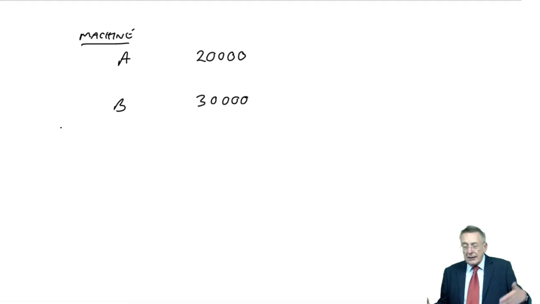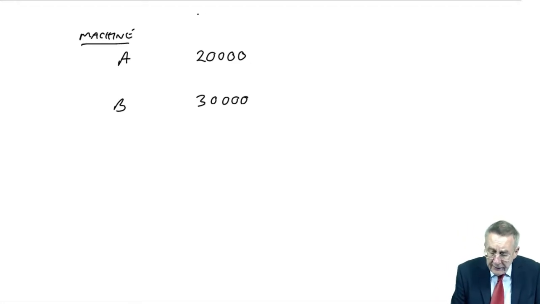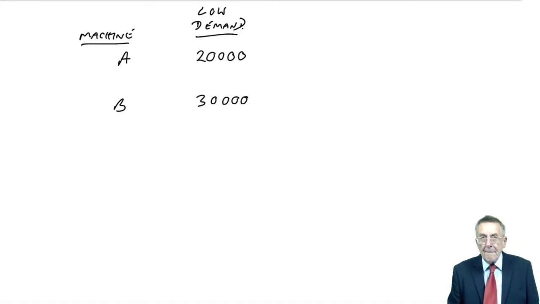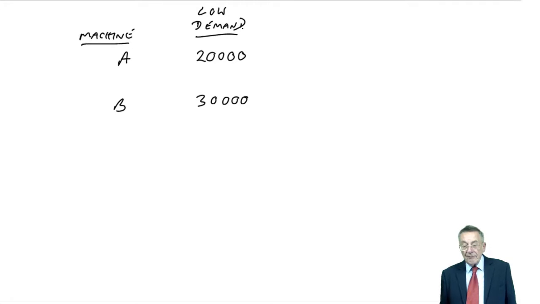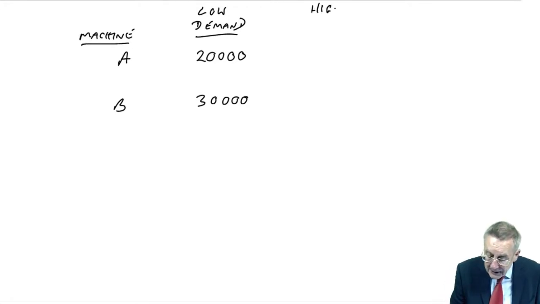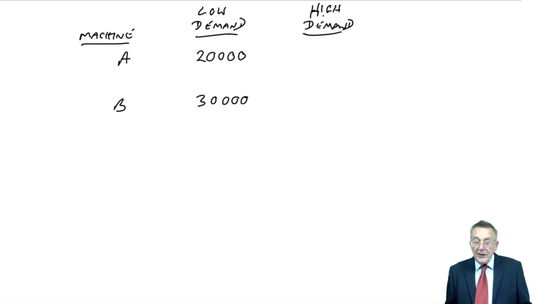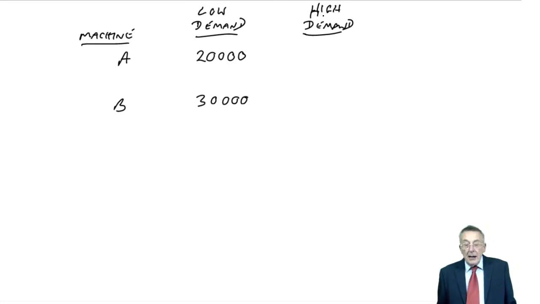We've done various costings and decided that if there's low demand, that's what the profits will be per year. But on the other hand, if the product's successful and there's high demand, the profits will be a lot higher.